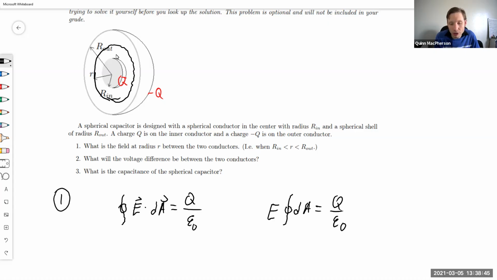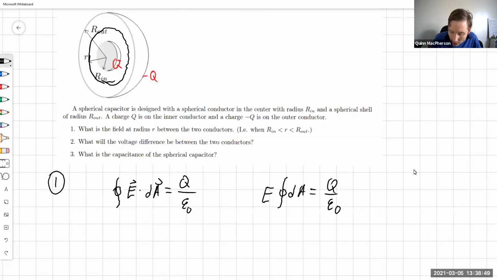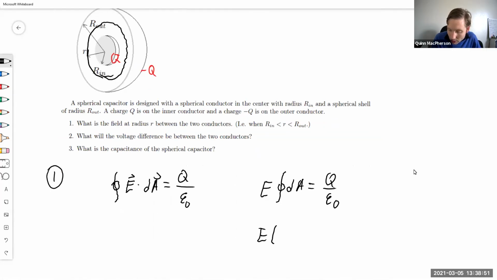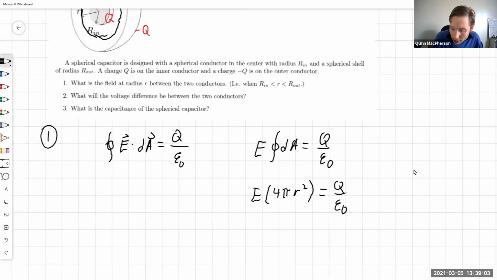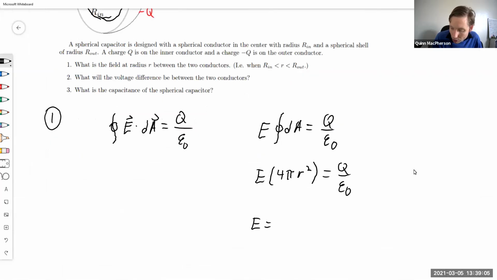What is the surface area of a spherical Gaussian surface? Well, E times 4 pi r squared, the surface area of a sphere, is equal to Q over epsilon naught. And we find E is equal to Q over 4 pi epsilon naught r squared.